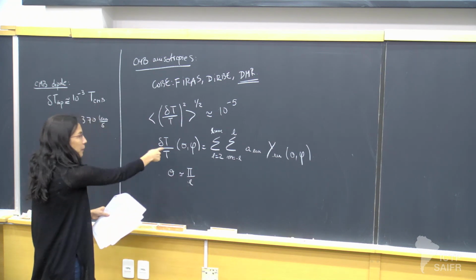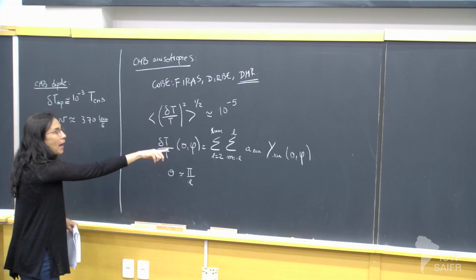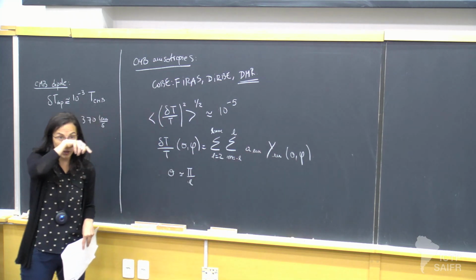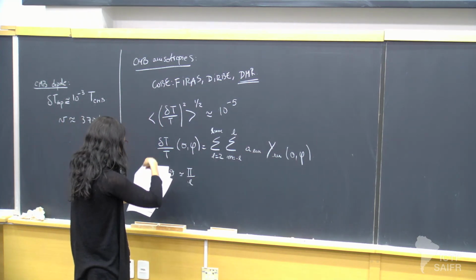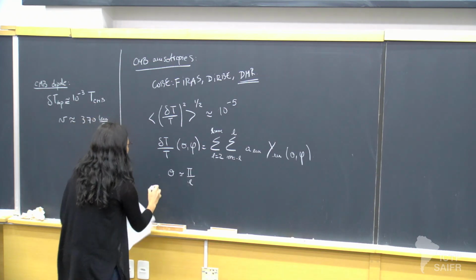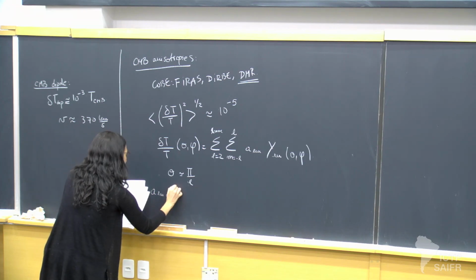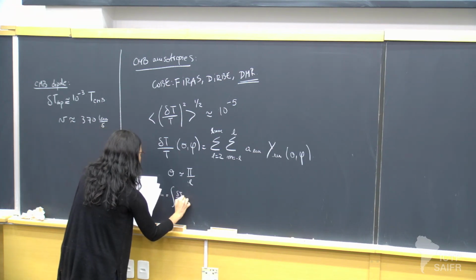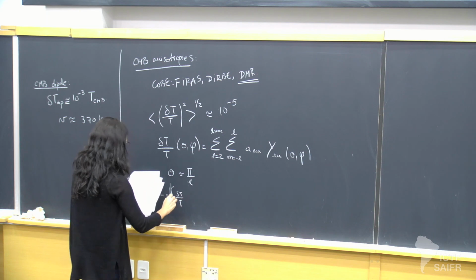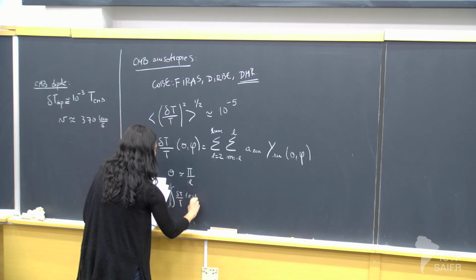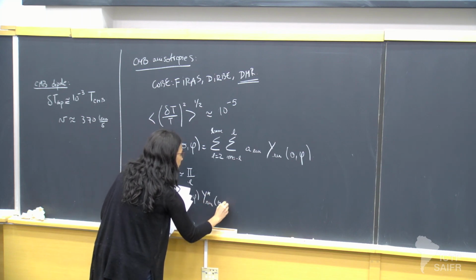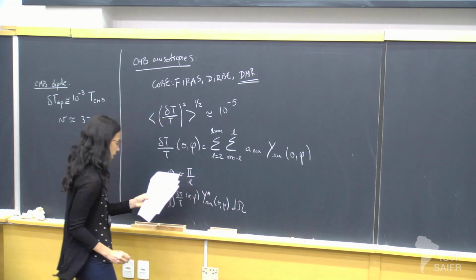Good. So from here, we can derive the ALMs, okay? We just have to integrate delta T over T with the YLM conjugate. Using the orthogonality of the spherical harmonics, we can write down ALM as the integral of delta T over T, that depends on theta and phi, times YLM conjugate, that depends on theta and phi, and the solid angle over here.